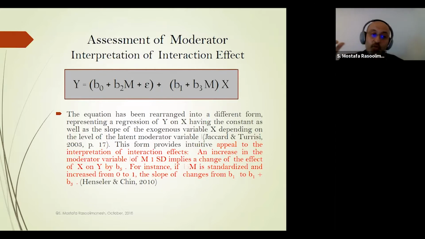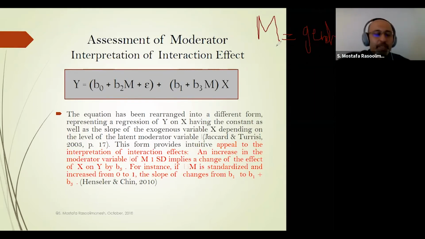Let's say M is gender, male and female. We give 0 and 1 because we have two levels. So M includes two values, low and high, male and female.